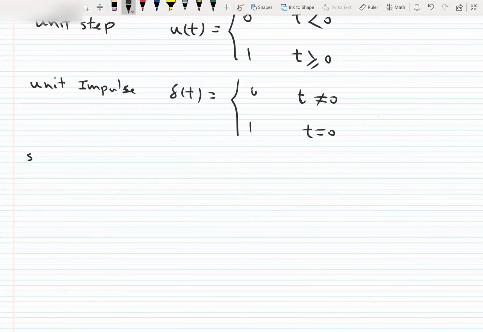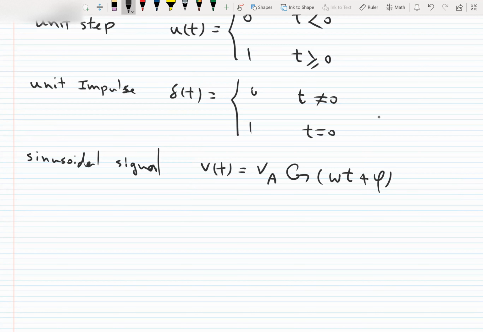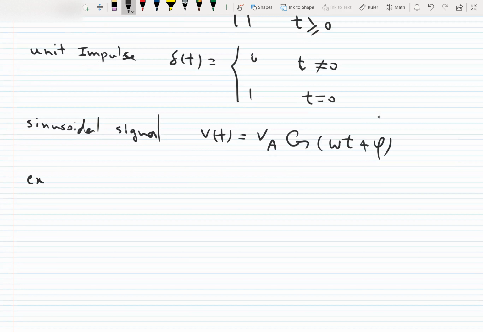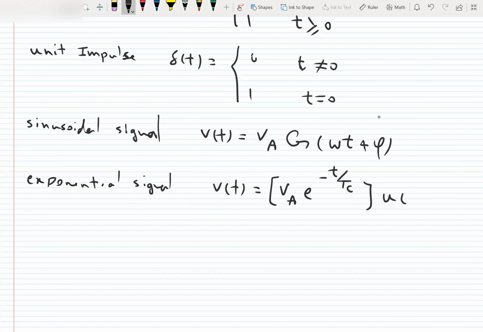And the sinusoidal signal, with the general form of v of t is equal to VA cosine of omega t plus phi, and the exponential signal, which is equal to VA e to the power of negative t over tc times u of t.